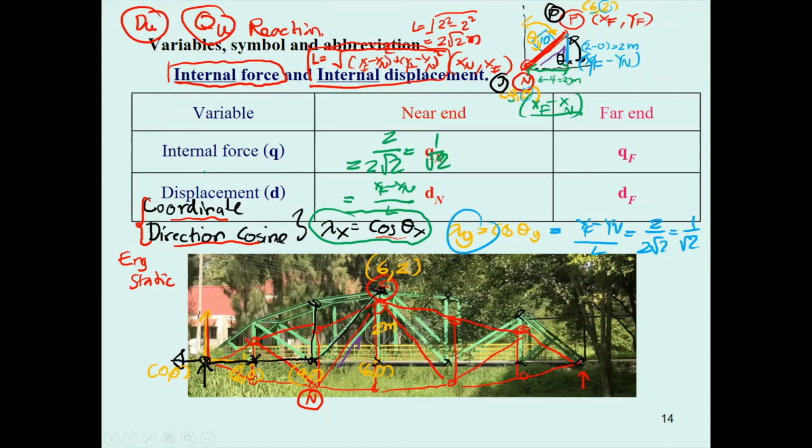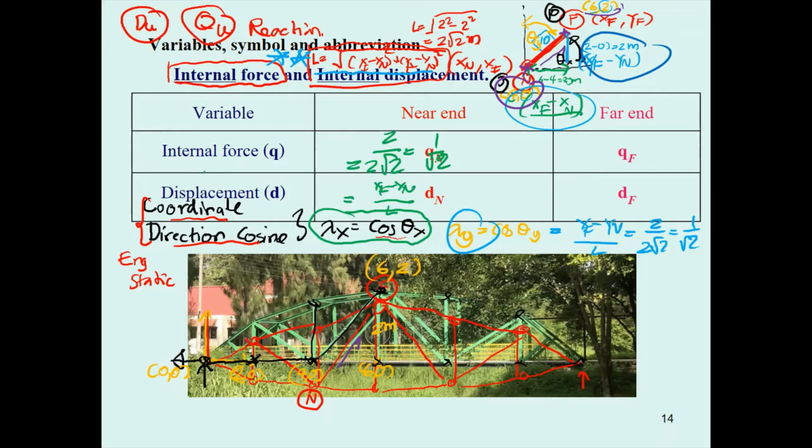I let you follow what it's going to be. If you cannot understand, remember it: how to determine the length, how to determine x sub f minus x sub n, how to determine y sub f minus y sub n, how to determine the coordinates of the node, how to specify the node, how to specify the member.